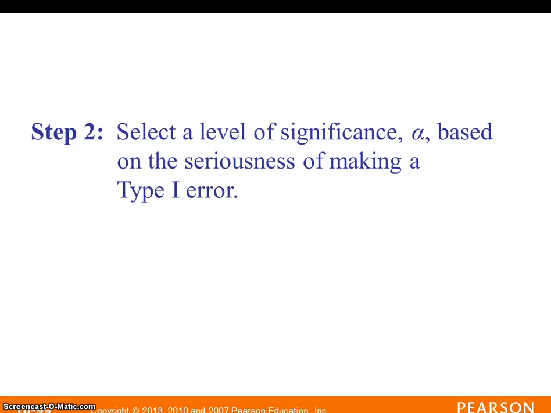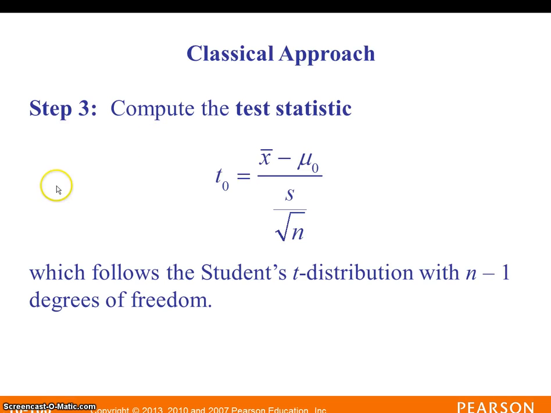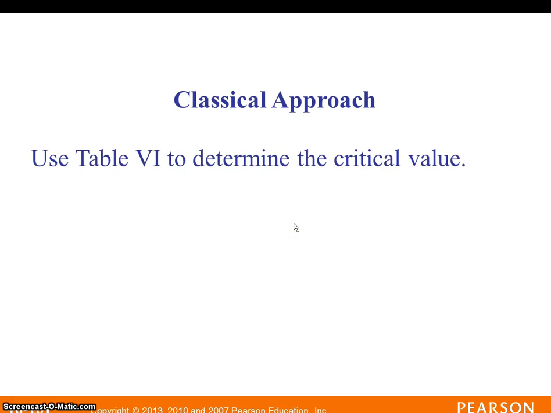Then we need to select the level of significance. Again, unless otherwise stated, alpha will be 5%, same as in section 10.2. We go ahead and calculate the test statistic. Notice this is slightly different than the z-score test statistic computed in 10.2 for the normal distribution, but it's very similar. Then we have two different ways we can evaluate this.